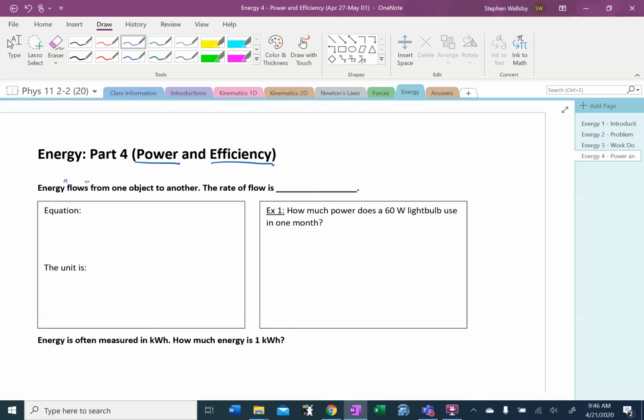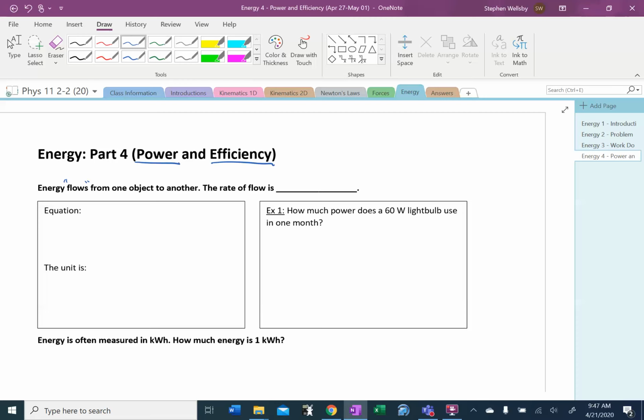And then once my muscles are moving, they're going to lift up that object, say it's a ball that I'm throwing up in the air. And so the chemical energy turned into kinetic energy in my muscles, and that kinetic energy transferred into kinetic energy and potential energy in the ball. So it went from my muscles into the ball. So it's going from one place to another.